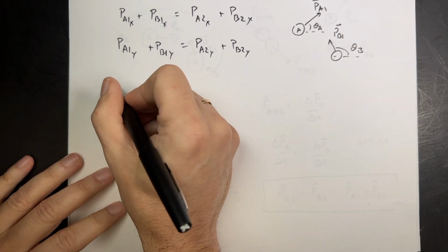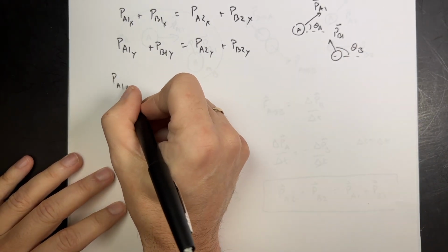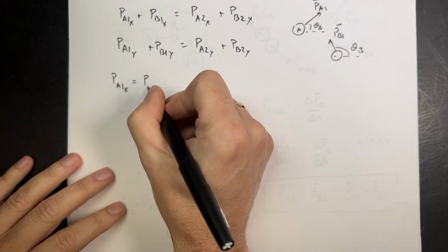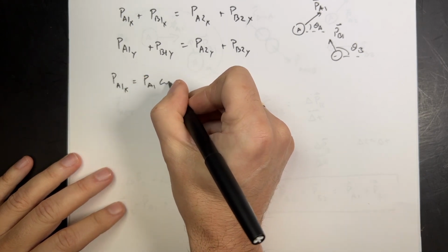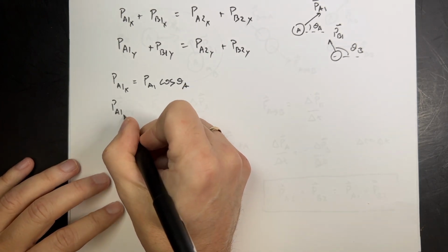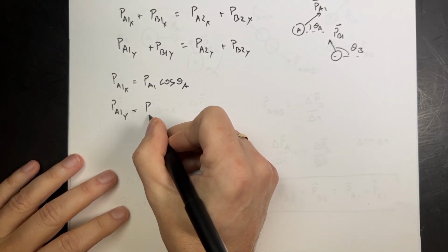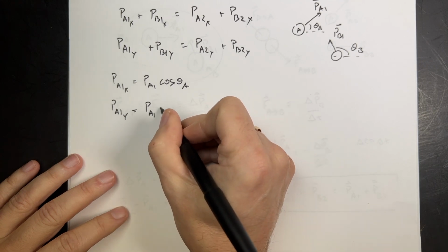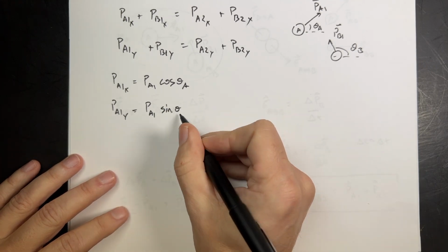Then I can write this, P A1x is P A1 magnitude times the cosine of theta A. P A1y is P A1 sine of theta A.